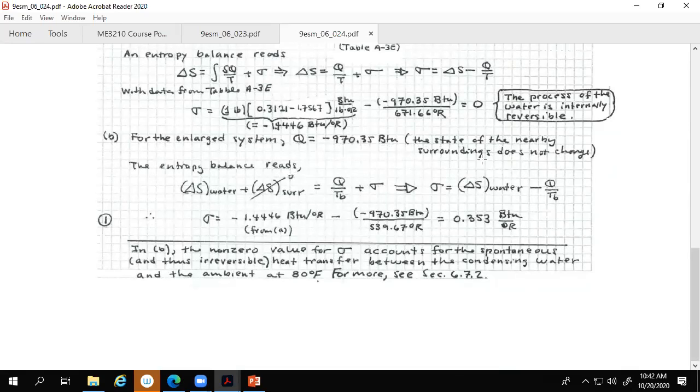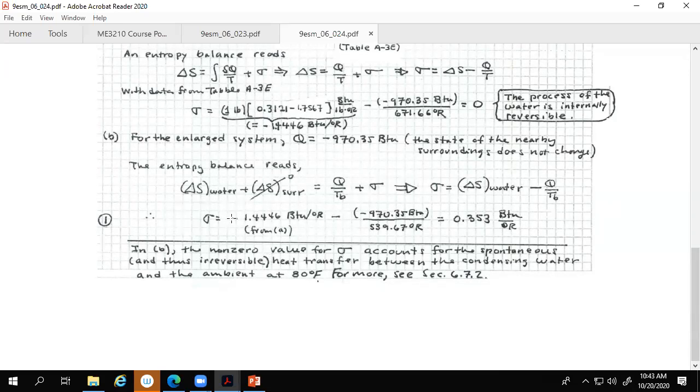The state of the nearby surroundings does not change. So the entropy balance is the delta S for the water, plus delta S for the surroundings, which is 0, equal to the Q over temperature on the boundary plus the production term. So sigma equals delta S for the water minus Q divided by the boundary temperature.